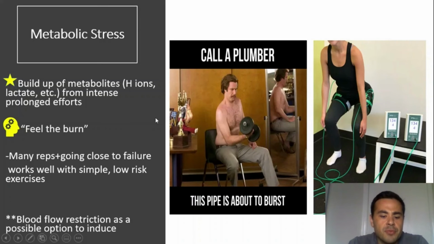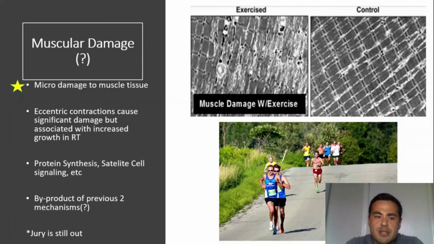So, all right, that's metabolic stress. The next one is going to be muscular damage. In this case, we can just think about it as microscopic damage to the actual tissue. So eccentric contractions have been kind of the thing to point the finger at in terms of what causes the most damage.